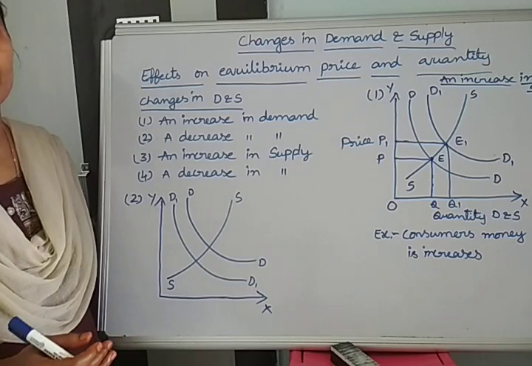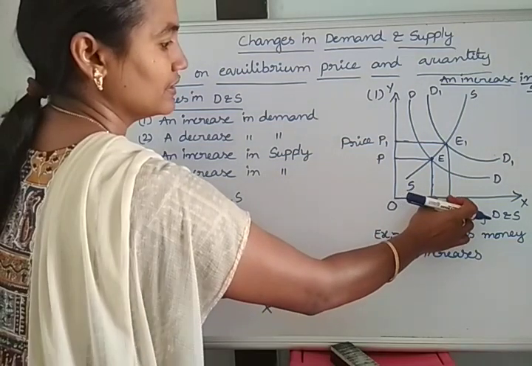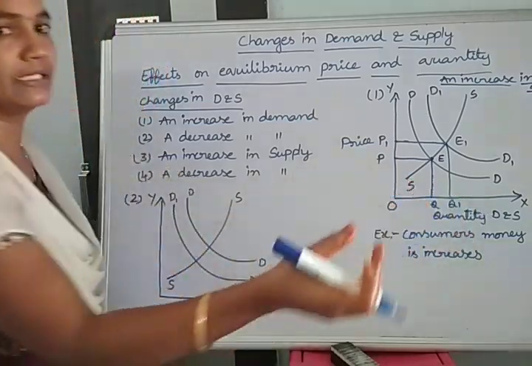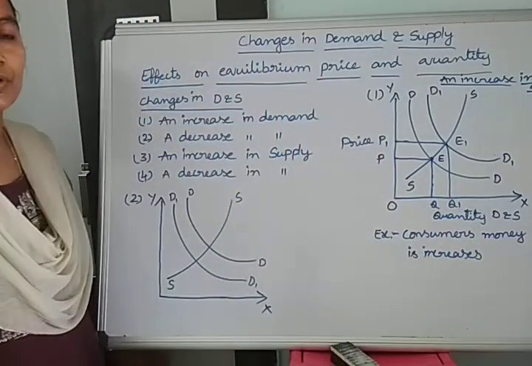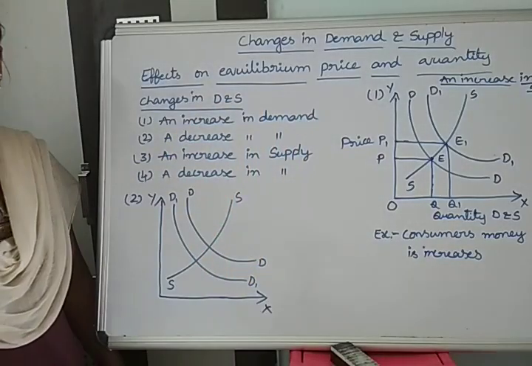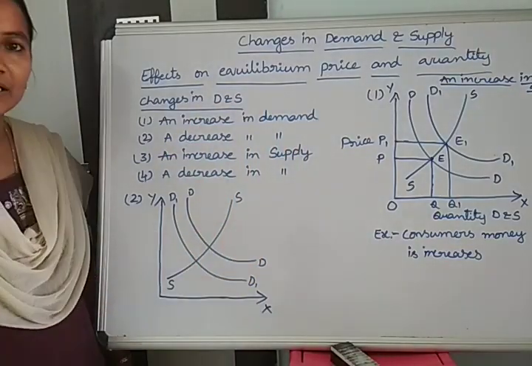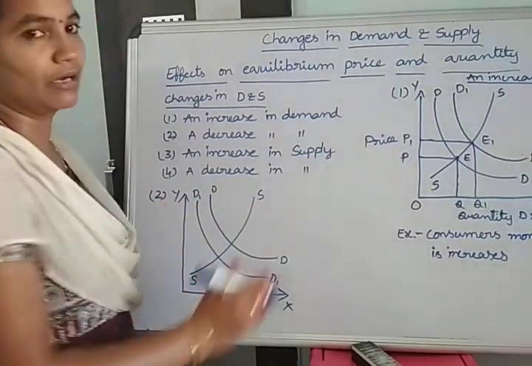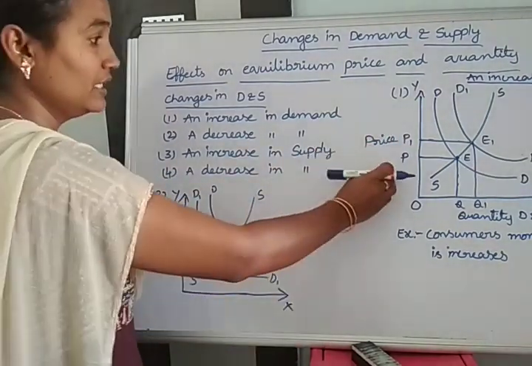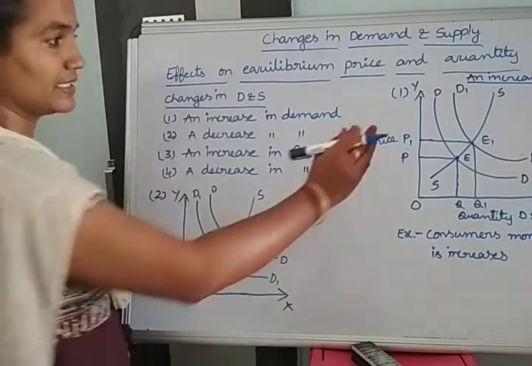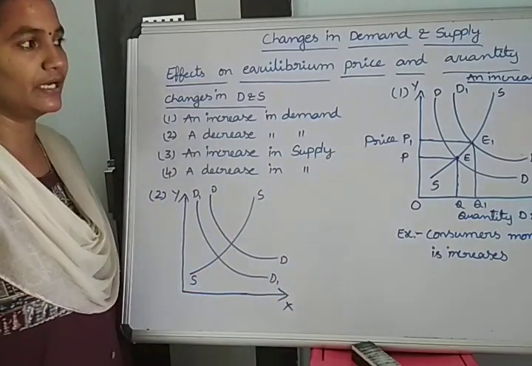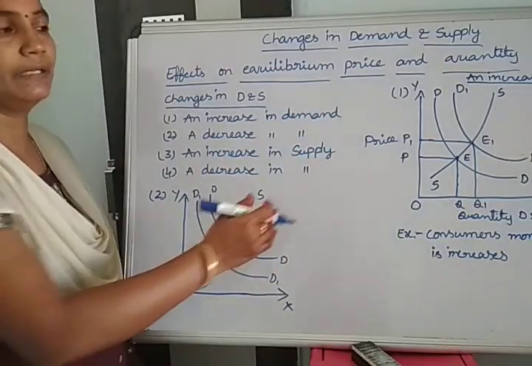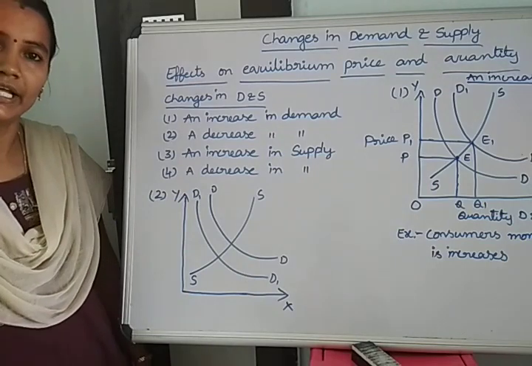Supply remains constant, but demand increases to Q1. So when supply is constant but more people demand the same commodity, producers automatically raise the price. The good point here is: if supply is constant and demand increases, then the price of the commodity also increases.